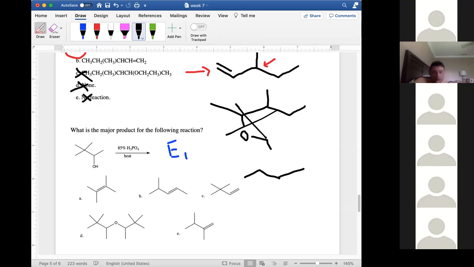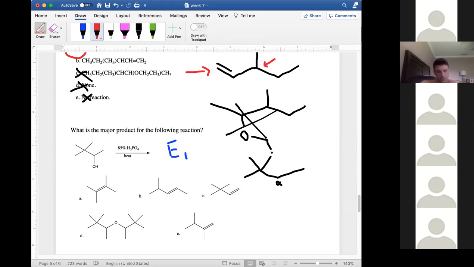You're removing water, so that's why it's called dehydration. And what do we know about E1? What can happen? All right, E1 prefers the most stable, right? This is a secondary alpha. Can it become more stable? Yes, it can undergo a methyl shift just as if it were an SN1 reaction.